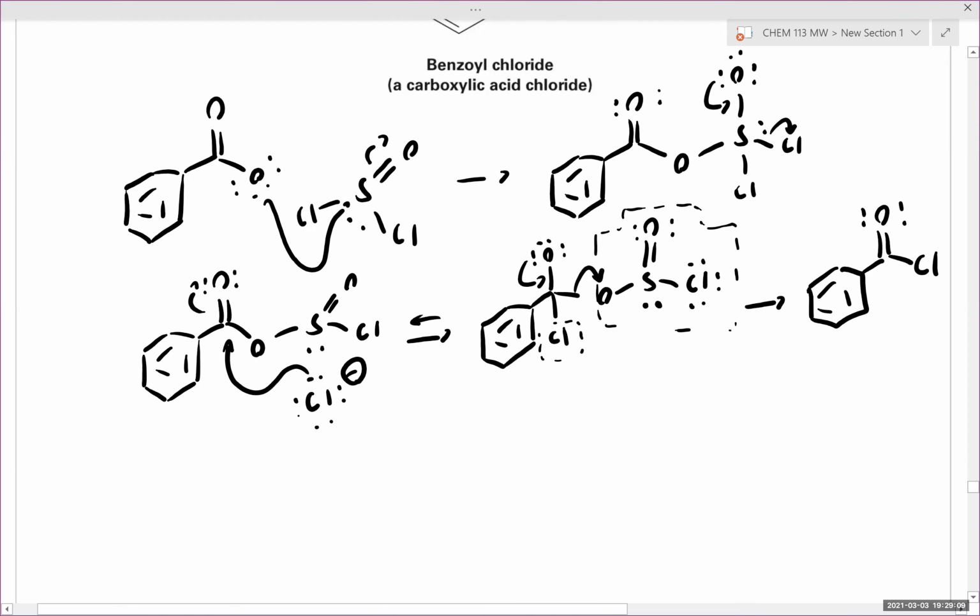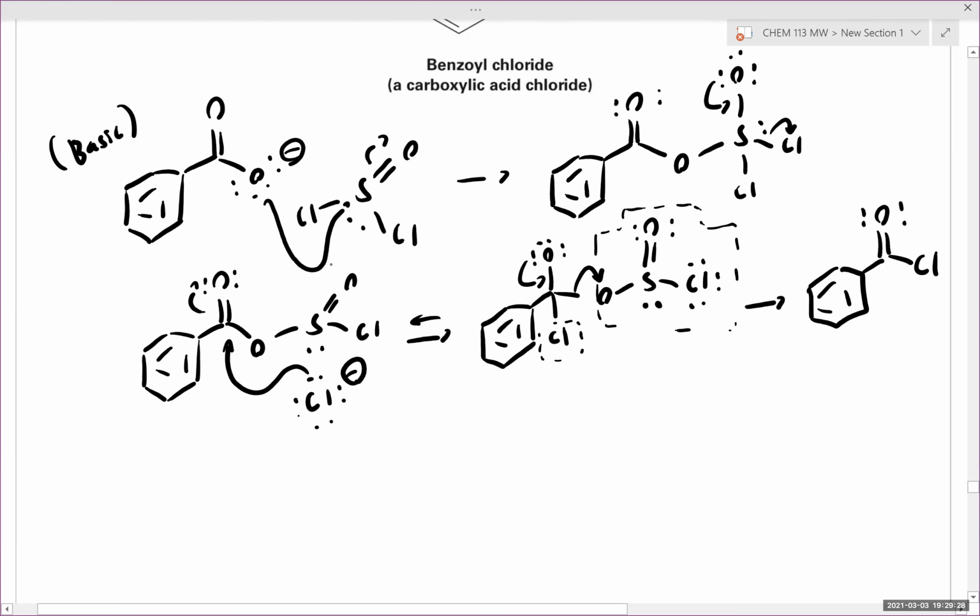Let's start from our carboxylate under basic conditions. So this is an example of the basic conditions for carbonyl substitution. Does this idea of carbonyl substitution under basic conditions make sense?